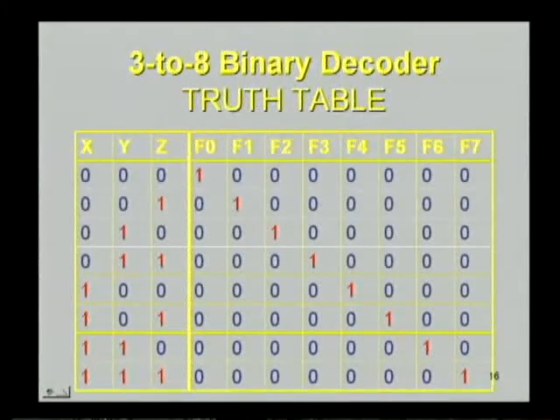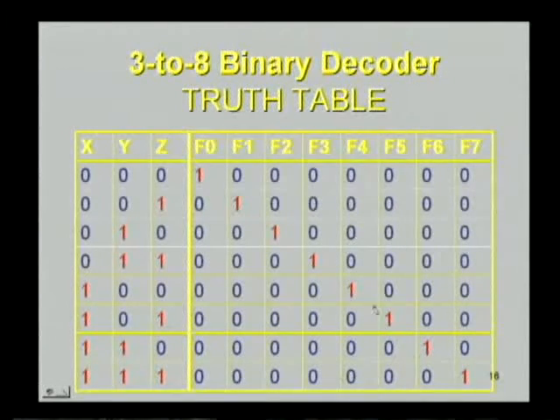As shown in this truth table, since there are 3 inputs, all possible combinations are 2 cube, that is 8. For the first combination 0 0 0, F0, the first output, goes high and other outputs remain at 0. For the second combination, X is 0, Y is 0 and Z is 1, that is 0 0 1 input, F1 will be high and other outputs will remain at 0.